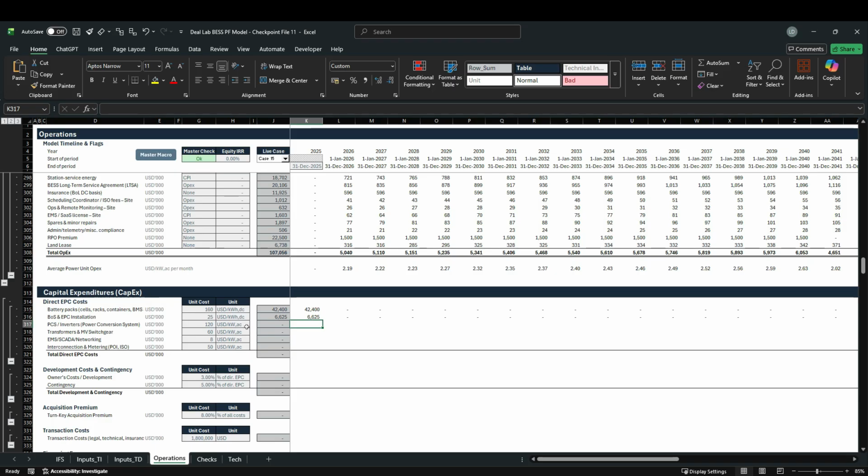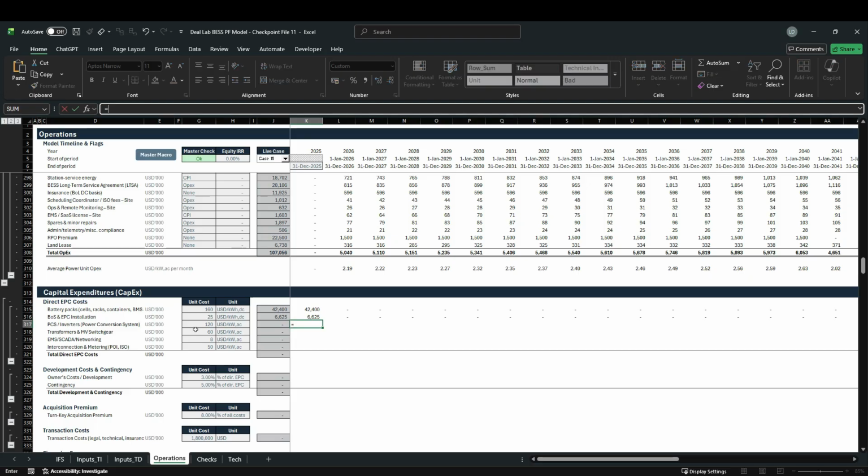So that's the actual capacity at the point of interconnection on an alternating current basis. And this makes sense because things like the interconnection, transformers, and power conversion system, as well as the energy management system, are all sized based on a point of interconnection, and they are not sized based on the actual installed batteries. So it makes sense to have a different unit for these inputs here.